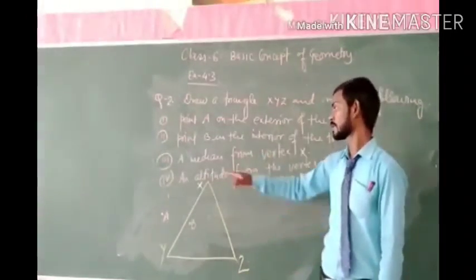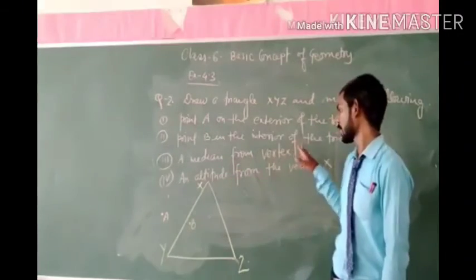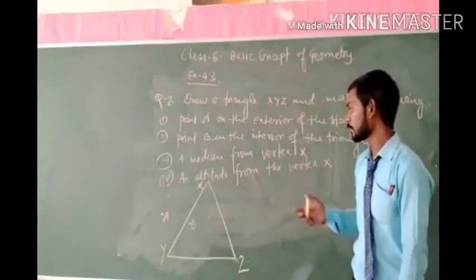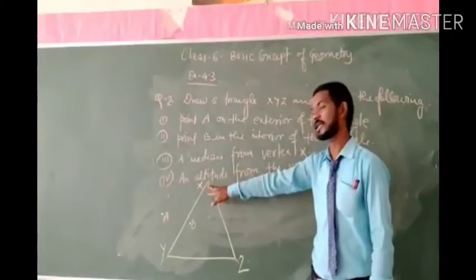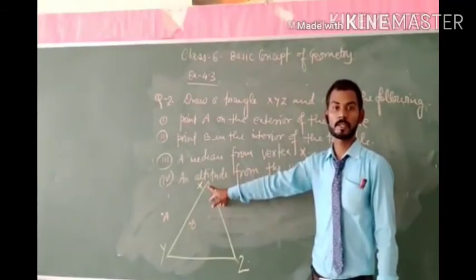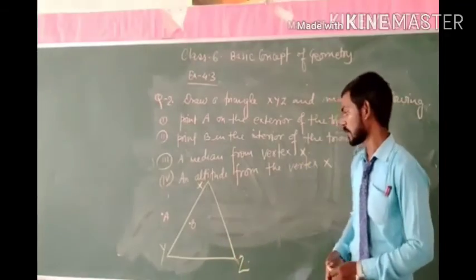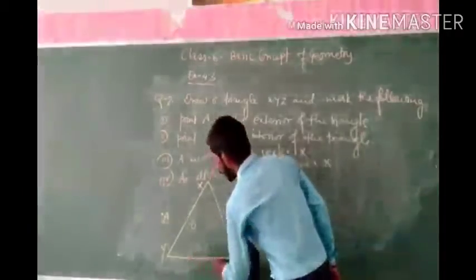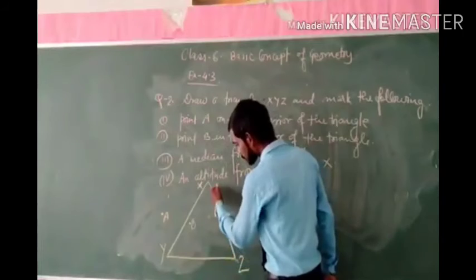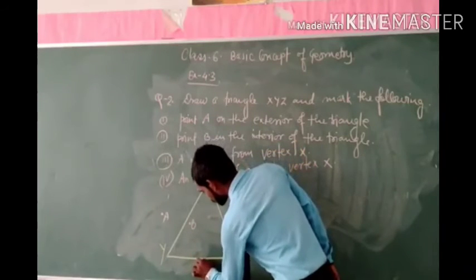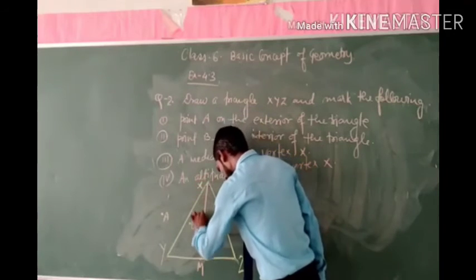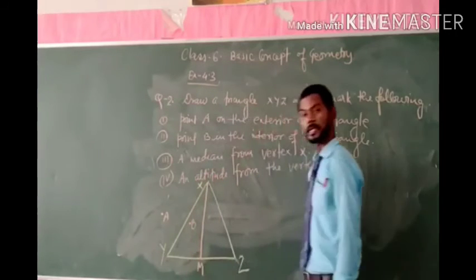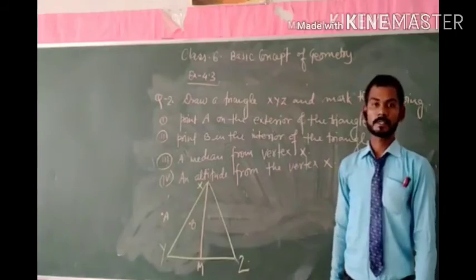In the third, we have a median from vertex X. So we have to draw the median from the vertex X. As we know that if M be the midpoint of the side YZ, then the line segment XM is the median of the triangle XYZ.